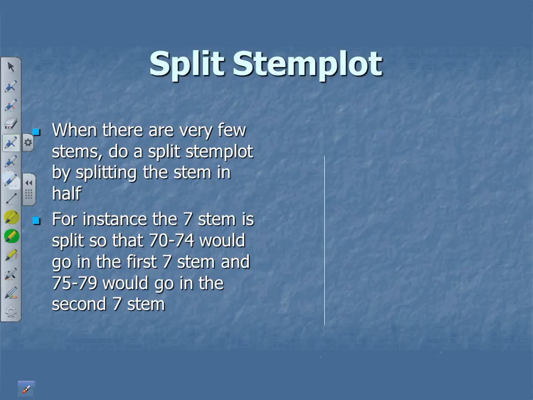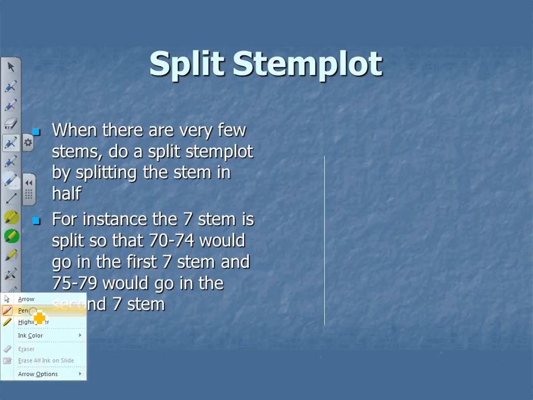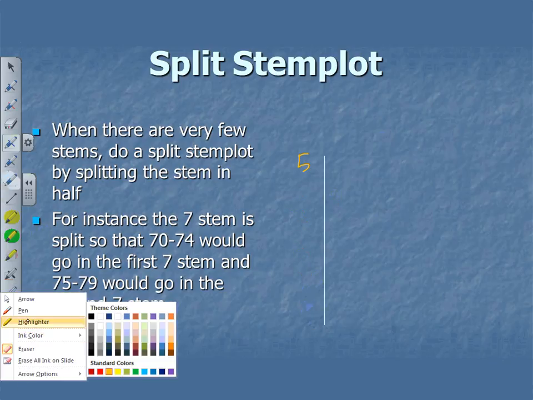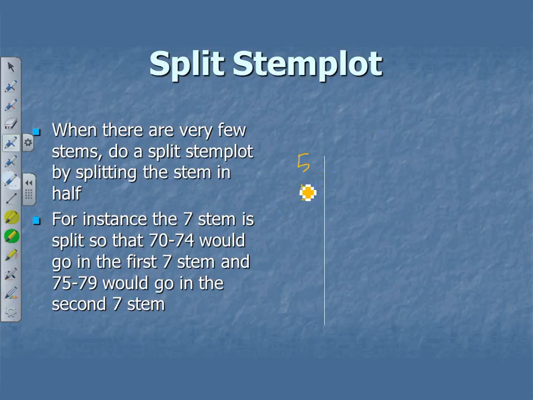So instead of going 50s, 60s, 70s, 80s, 90s, 100s, we will split and say, okay, let's go 50 to 54, 55 through 59, 60 through 64, 65 through 69, 70 to 74, 75 through 79, 80 to 84, 85 to 89, 90 to 94, 95 to 99.